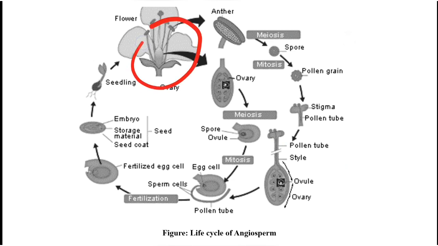They have a flower, inside that flower ovary and anther are there, then pollen grains and egg are formed, then after fertilization, the fertilized egg is there, from the fertilized egg zygote and embryo are formed, then the embryo is in a seed inside a fruit, then the seed germinates to form another plant, a fresh or young plant. So it is the whole life cycle of angiosperm.